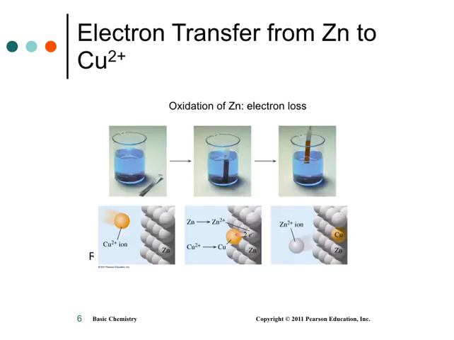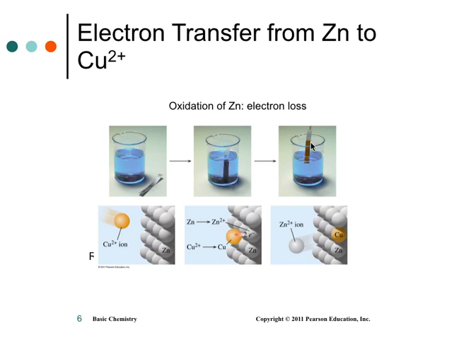So here's the example I was telling you about. The copper sulfate is a blue solution. It's very blue, and the zinc is simply a very light silver metal. If you put that zinc in a copper sulfate solution, the copper will actually pull out of the solution and deposit on the outside of the zinc.